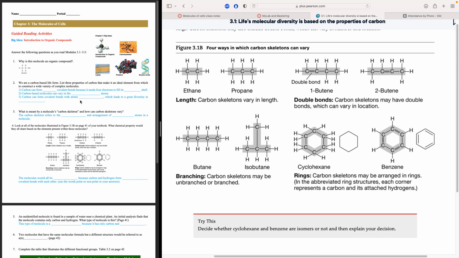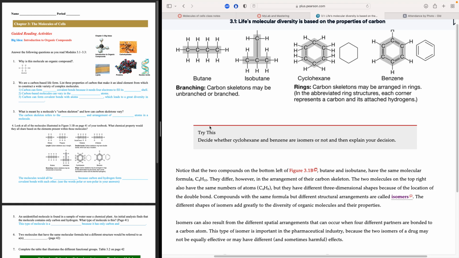Number 2, which leads to a great diversity in number or arrangement. So the word arrangement was right.